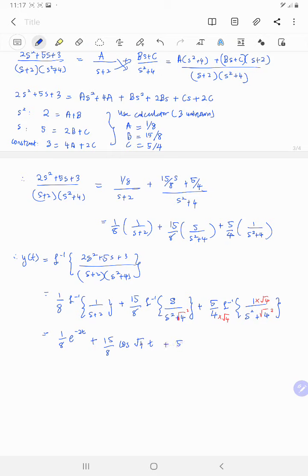So the square root of 4 is 2. 2 times 4, 8. The Laplace inverse becomes sine.